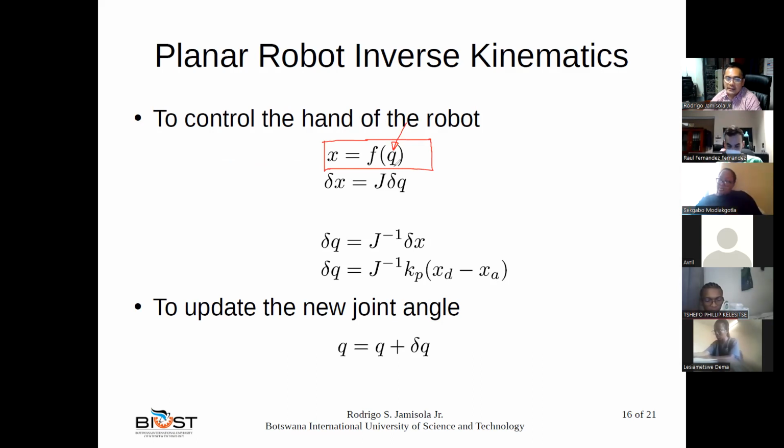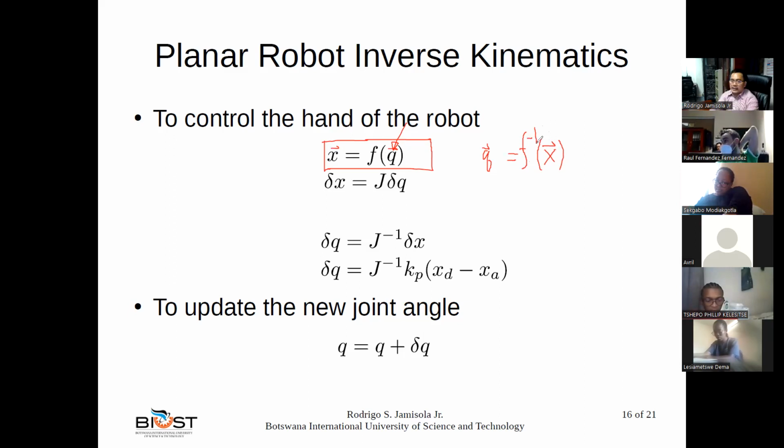What we want is to input the x, which is a vector, and get the joint angles, also a vector. There is an inverse function of the forward kinematics.